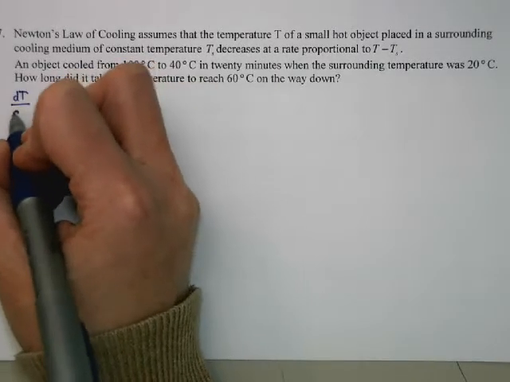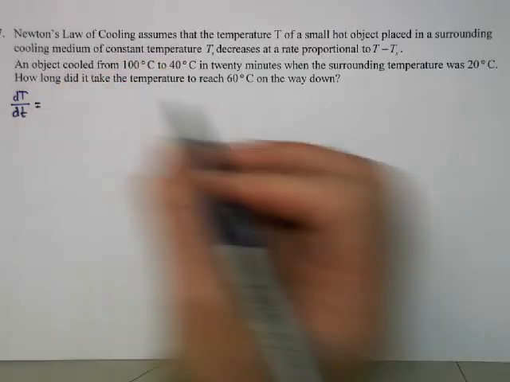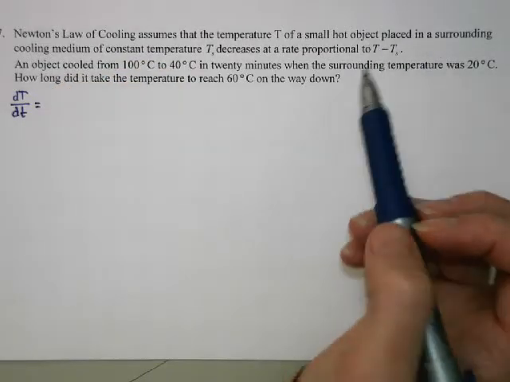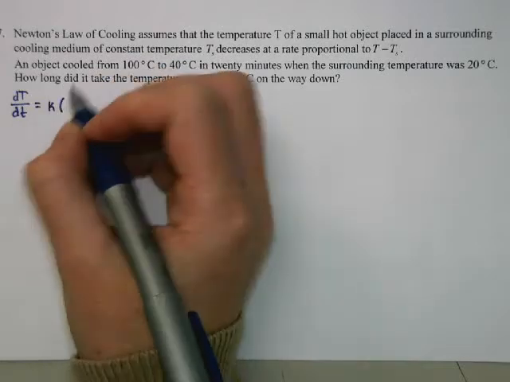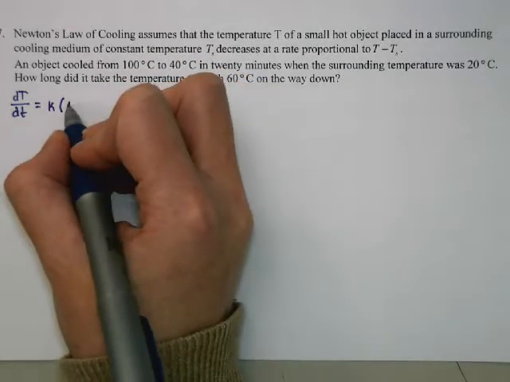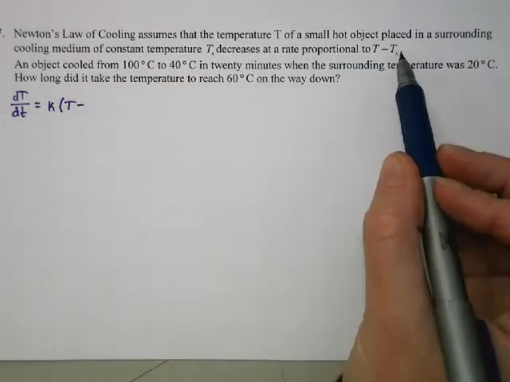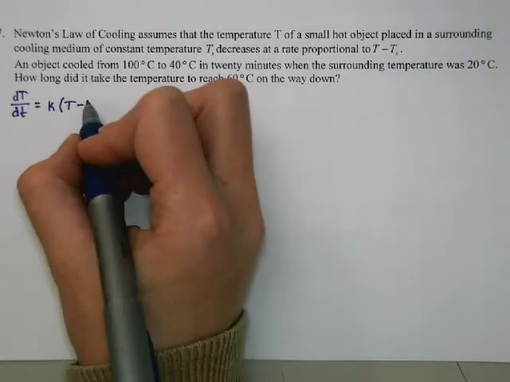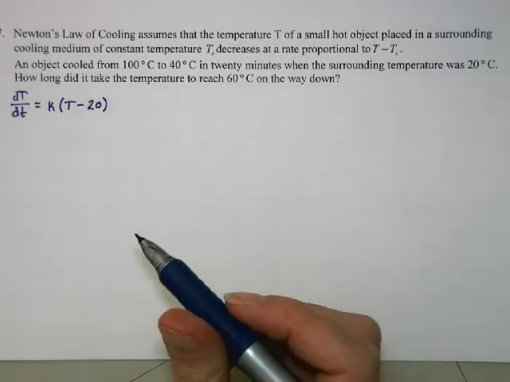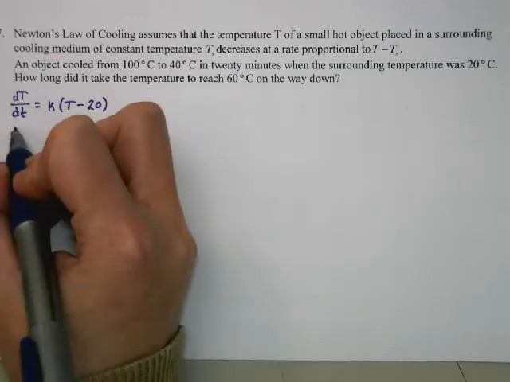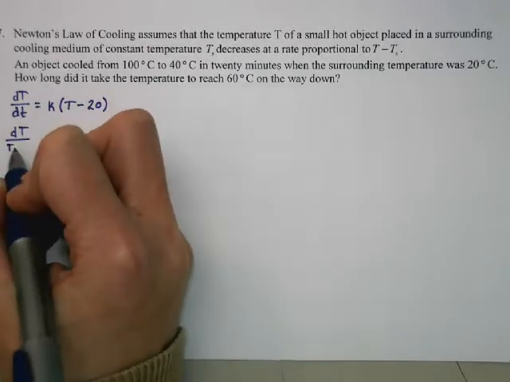Okay, this says that the temperature is directly proportional to T minus the surrounding temperature, which for our problem is 20. Okay, we'll go ahead and solve this differential equation. So dT over T minus 20 is going to equal K dt.